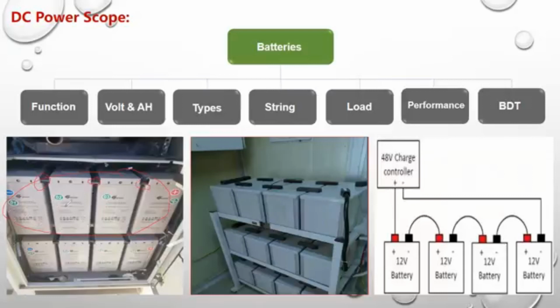So 12 times 4, as you can see, is 48. And then they're connected to the rectifier. And all of these together give 48 volt DC. So altogether, this is called one string, a string of batteries.